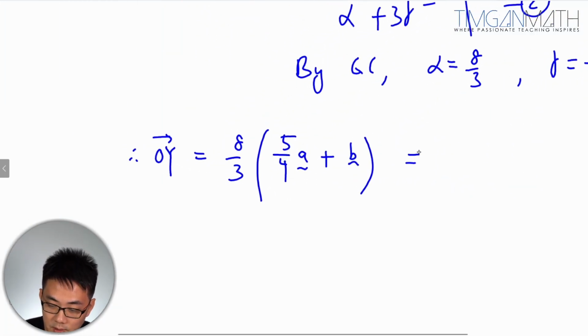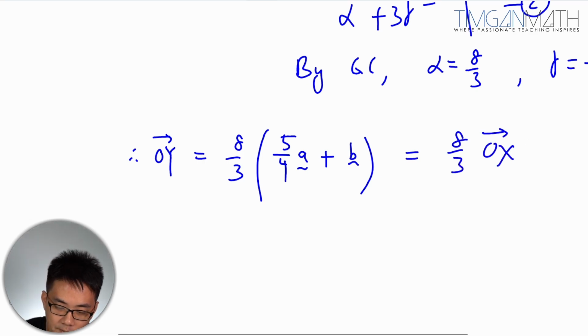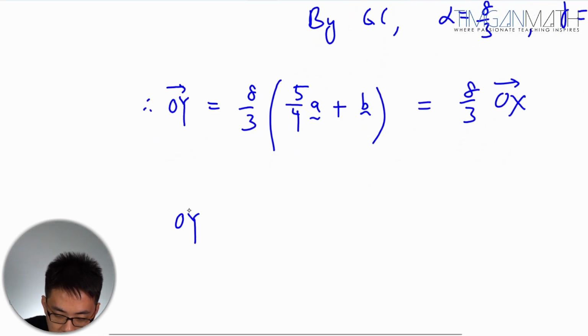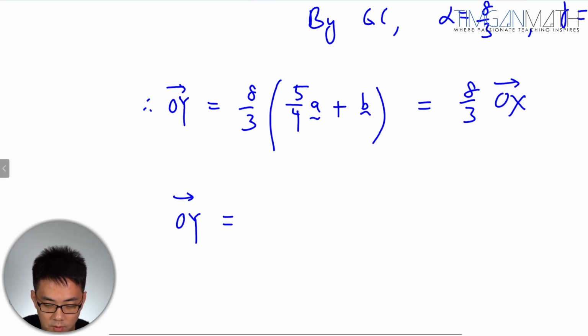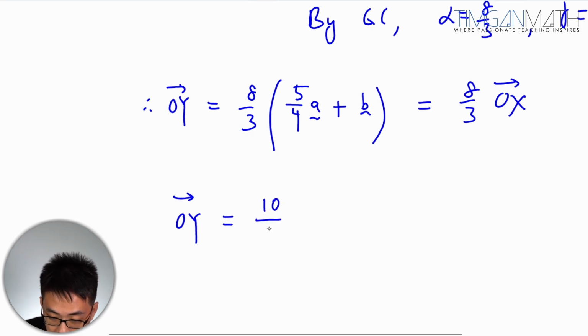OY, yeah, so just write this down. This is actually just 8 over 3. Okay, but anyway, OY is equals to 10 over 3 alpha.